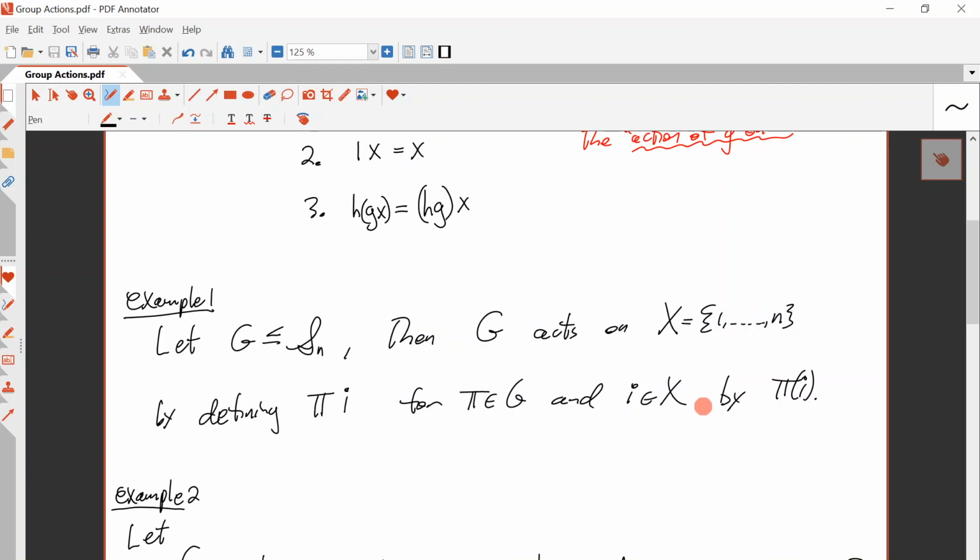So that's the group, and that's a set. And again, the set is nothing special. It's just a set of elements, 1 to n. No addition, multiplication, subtraction, anything like that. And the action is that pi takes i to pi of i.